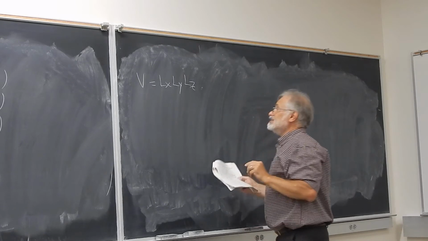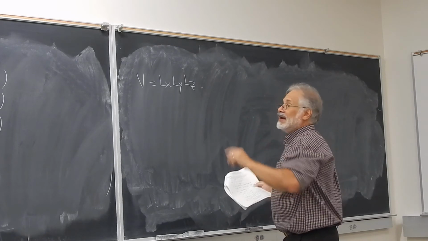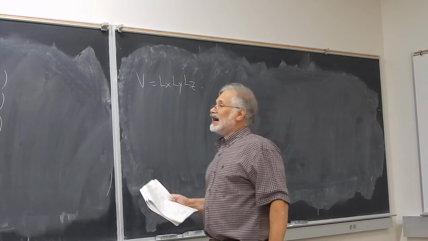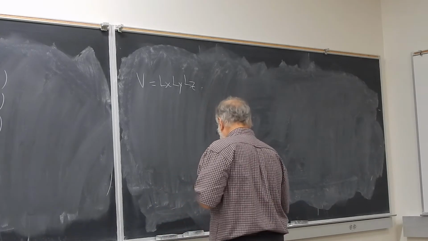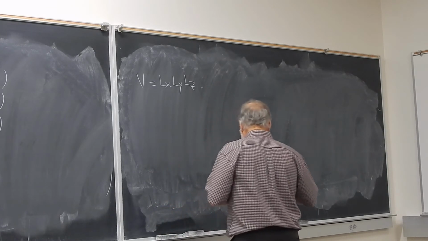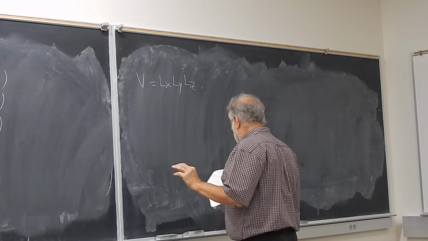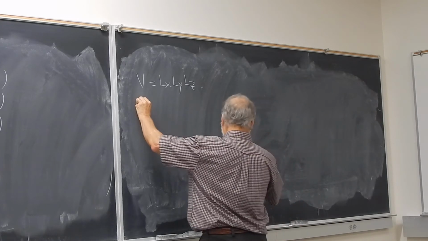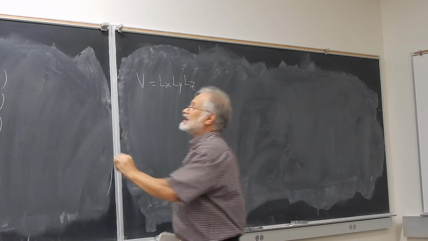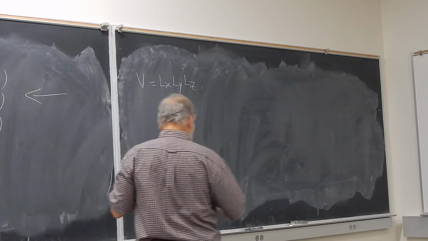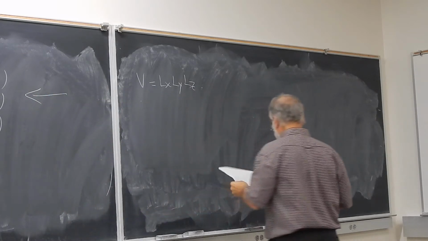Now, in order to use ψ(r) equal to A e to the i κ·r, in other words, my plane wave solution, the wave has to propagate indefinitely without any reflections or anything else suffered at the boundaries, which means that it must be the case that these conditions will apply.